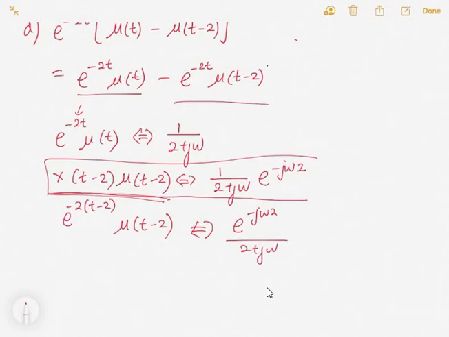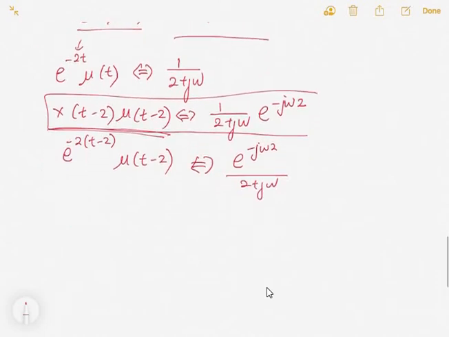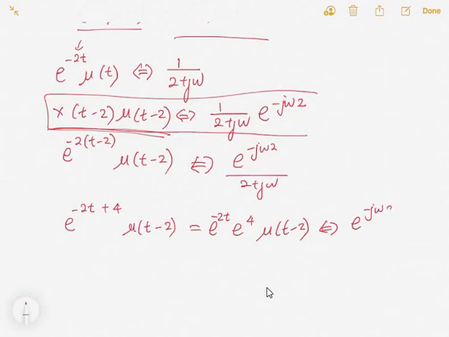Based on this, we continue. Another step is e^(-2t plus 4). We multiply in, then we get e^(-2t) e^4 u(t minus 2). Actually, we just rewrite only. There's nothing much about this.